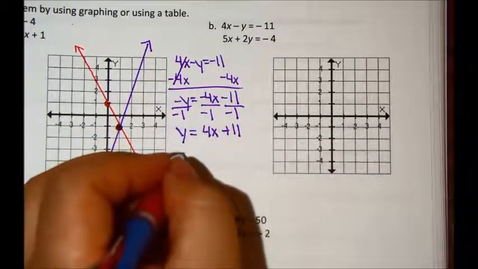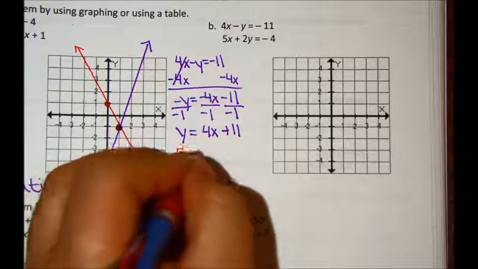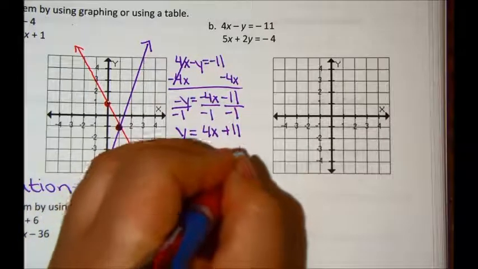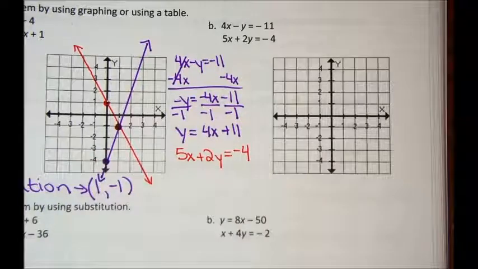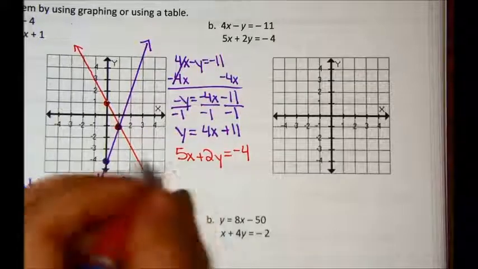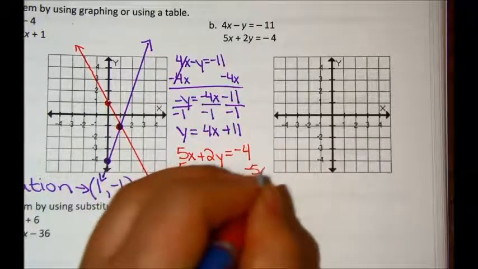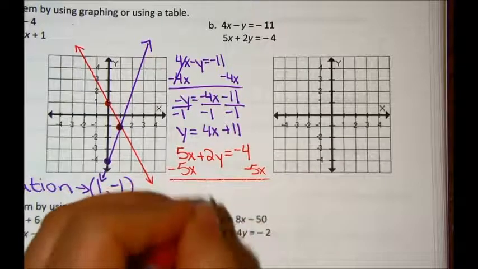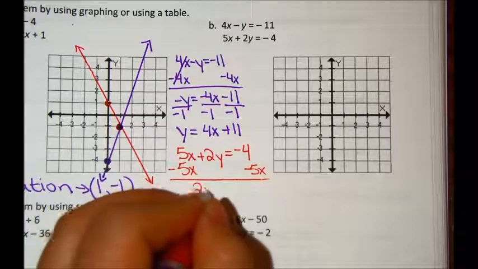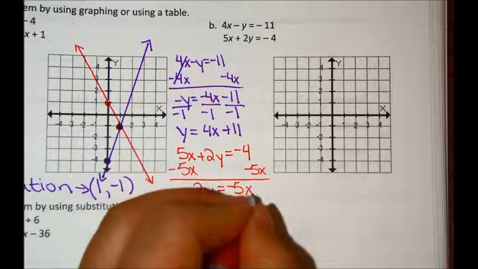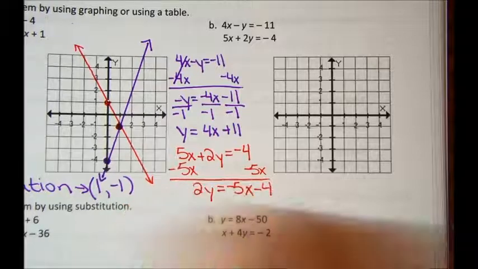Equation number 2, 5x plus 2y is equal to -4. To get y alone, I'm going to subtract 5x from both sides, leaving me with 2y is equal to -5x minus 4.